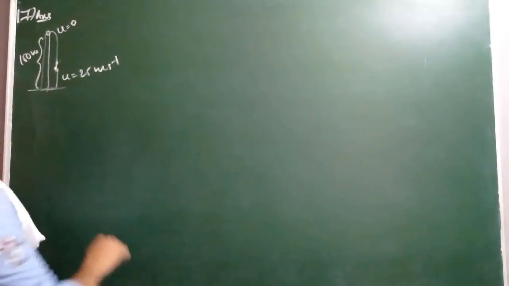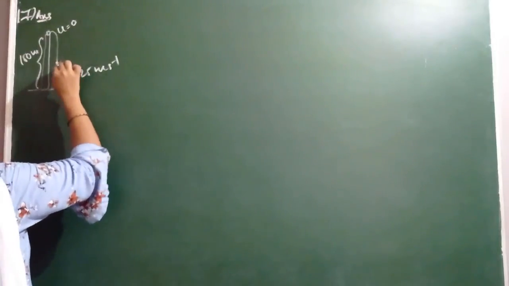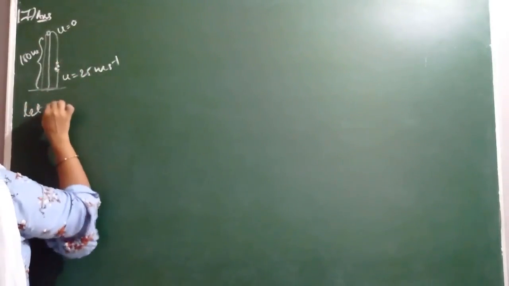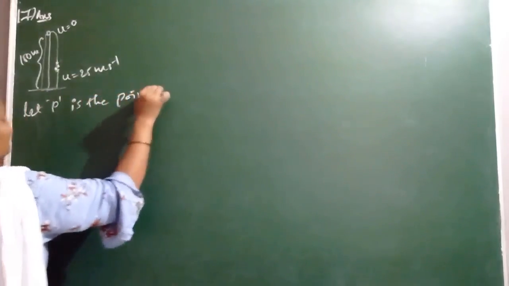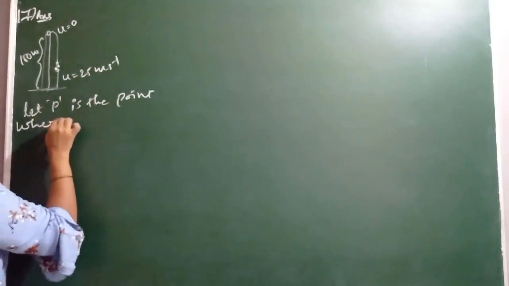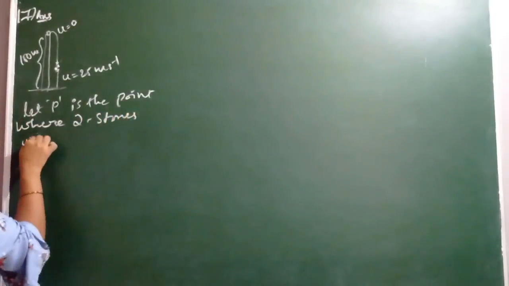This is the first part. And this height of the tower is 100 meter. And both the stones are meeting. Let us say this is a point P. Let P be the point where two stones will meet.